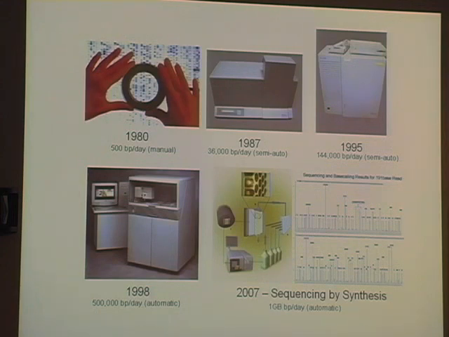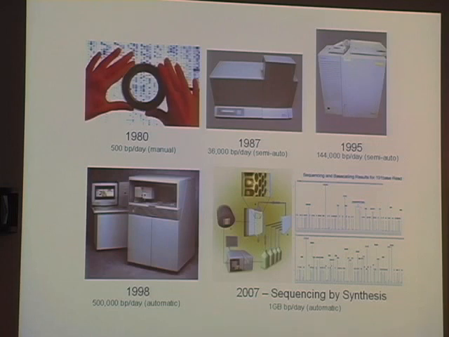A fellow by the name of Lloyd Smith ended up developing a way to do this in an automated fashion, which was ultimately commercialized in the late 80s by a company called Applied Biosystems. And throughput started to increase. This is about the time that the Human Genome Project was announced. These machines weren't fast enough to do the human genome, but they felt that the technology was on a roll and would continue to grow quickly.